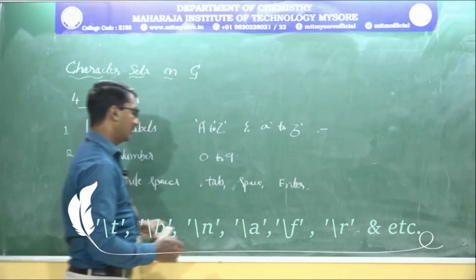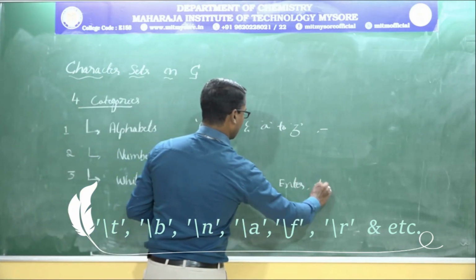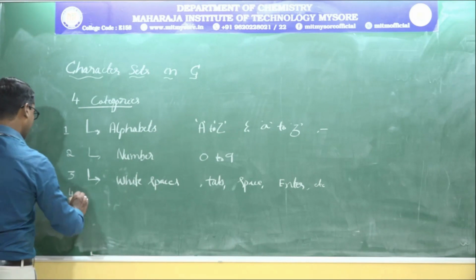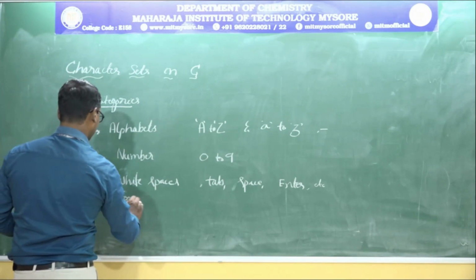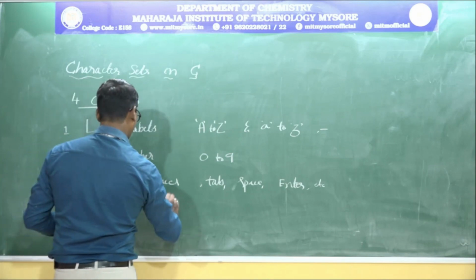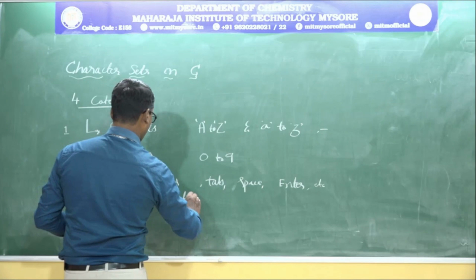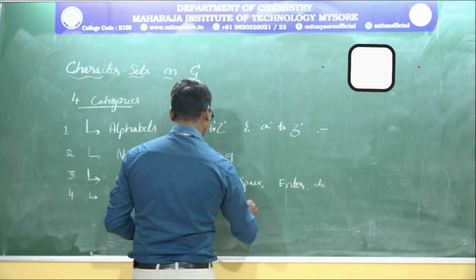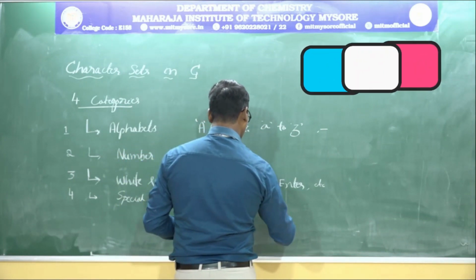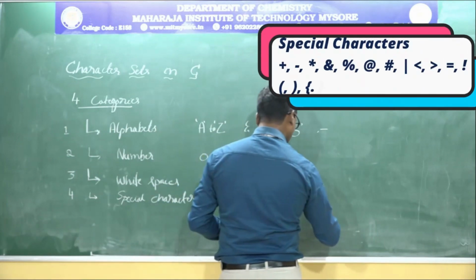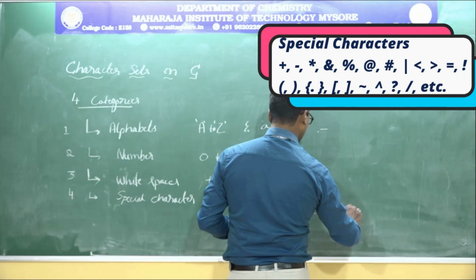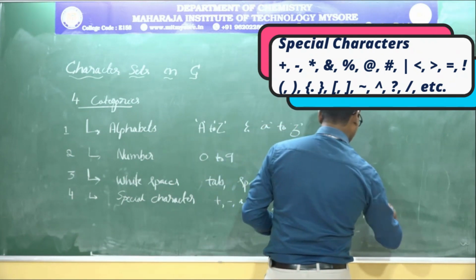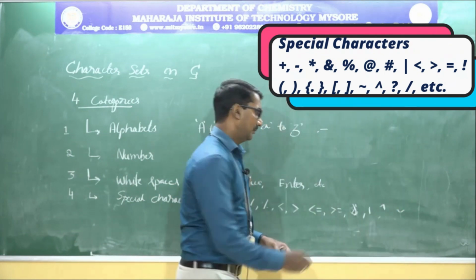Space is horizontal space and vertical space, enter, etc. Then the fourth one is special characters such as plus, minus, star, division, modulus, less than, greater than, less than or equal, greater than or equal, and symbol, cap, like that.